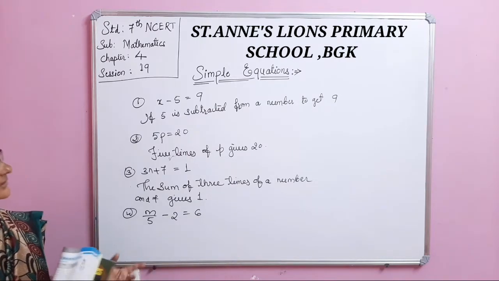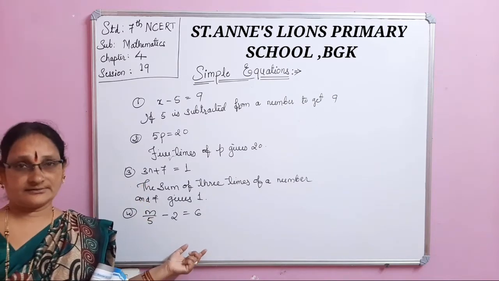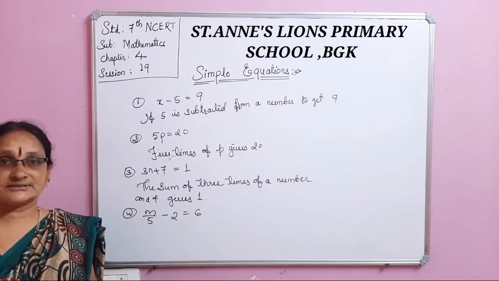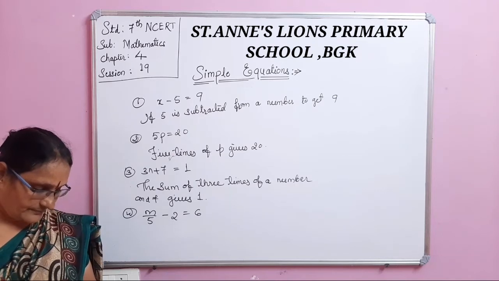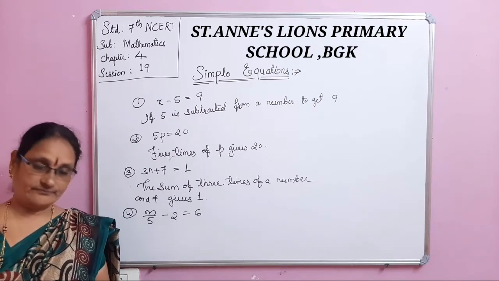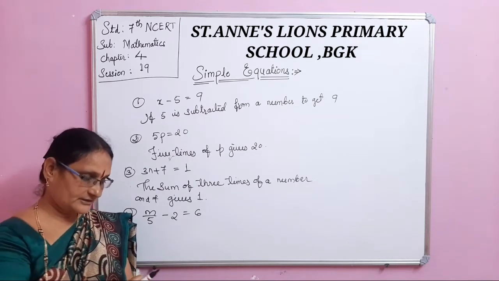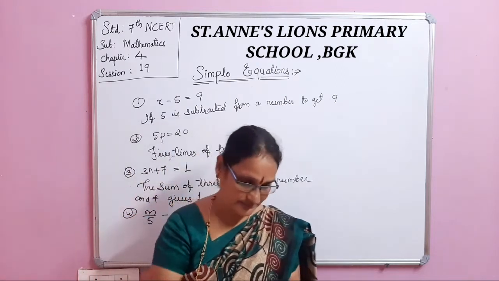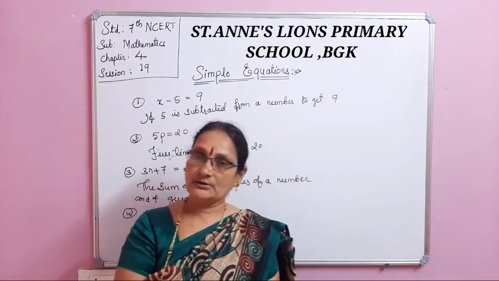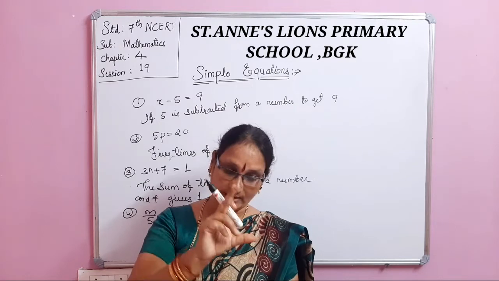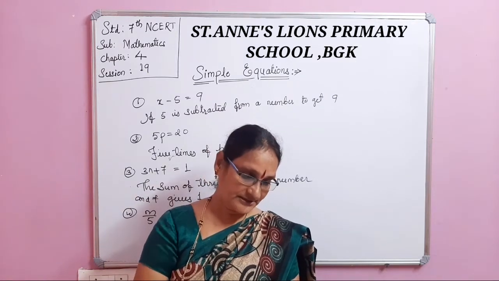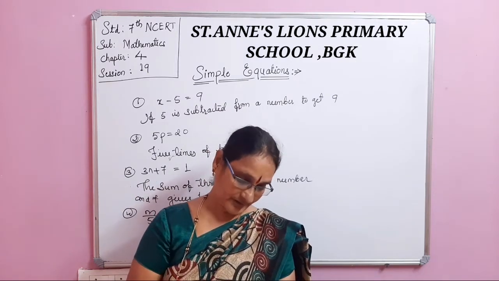Okay. So this is what all the theory about the simple equations. Now I am going to mark you some points. Please you have to write in the fair note, and then I'll go for the exercise. Just 1 minute I'll do the exercise. See, points you write.